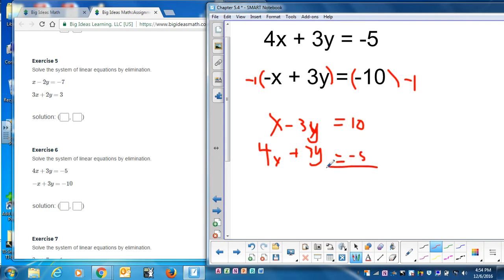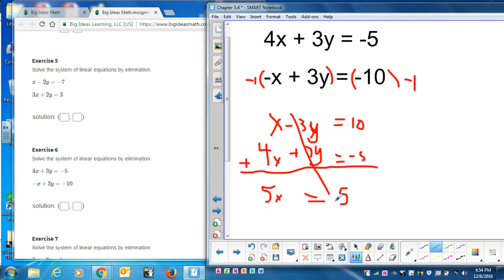And now that I multiply both sides by negative 1, now I can add these together, and I'll get x plus 4x is 5x. And these cancel out, and 10 plus negative 5 is 5. So you see, it still works out.